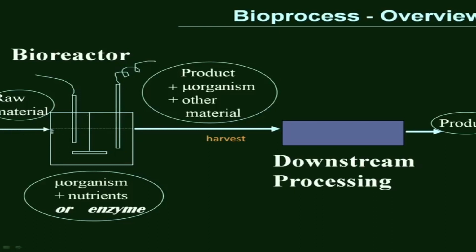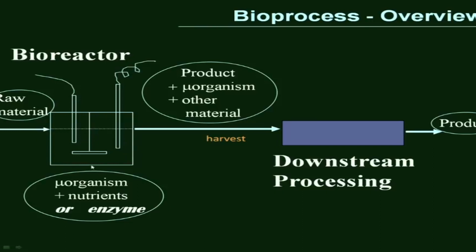This enters the bioreactor. The bioreactor contains the microorganism of interest along with the nutrients, as we saw in the case of curd making, the nutrients that are getting converted to curd as well as the lactobacillus that converts it into curd, or it could even have just an enzyme which does some enzymatic conversion.